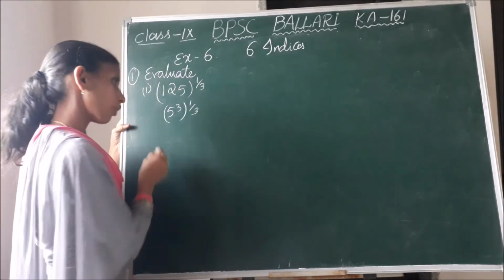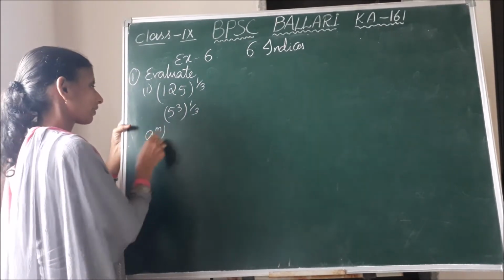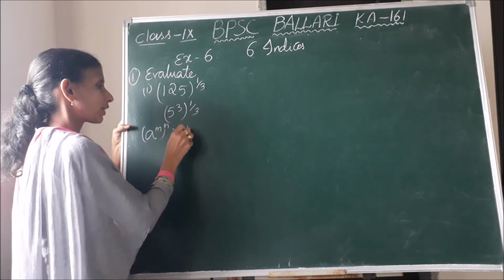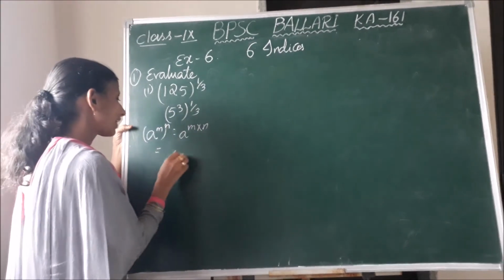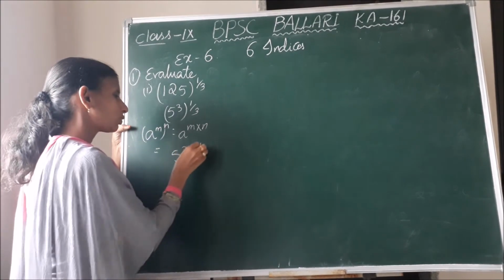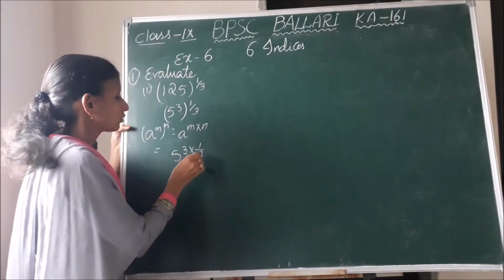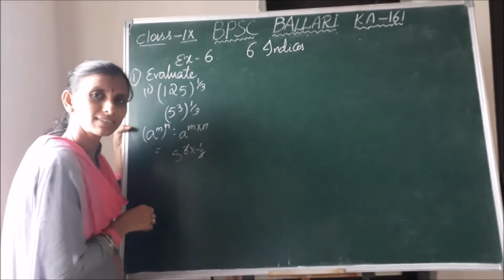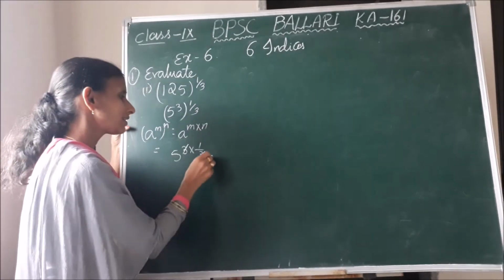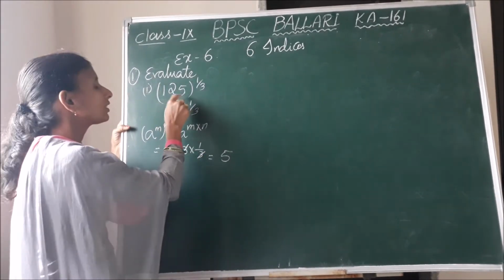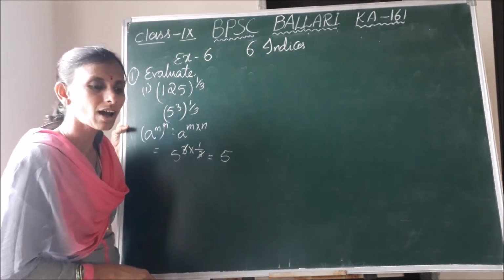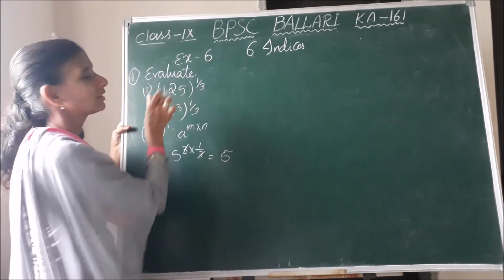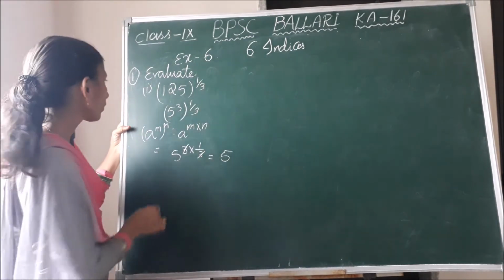So by the law of a power m whole power n is equals to a power m into n, then we can write this as 5 cube into 1 by 3. So this 3 gets cancelled. Finally the remaining is 5. So 125 whole power 1 by 3 is 5. So this is how we simplify this type of indices.